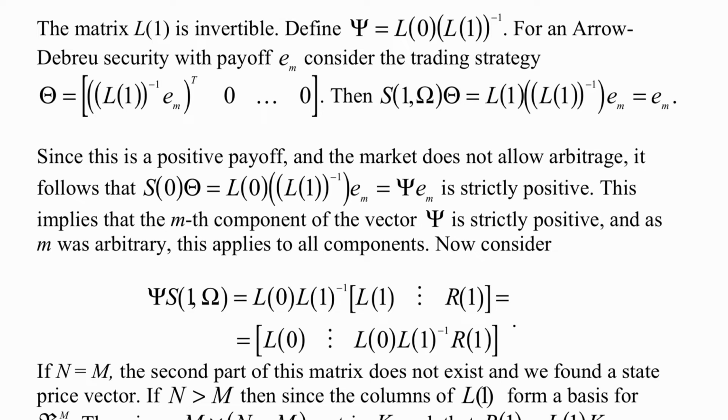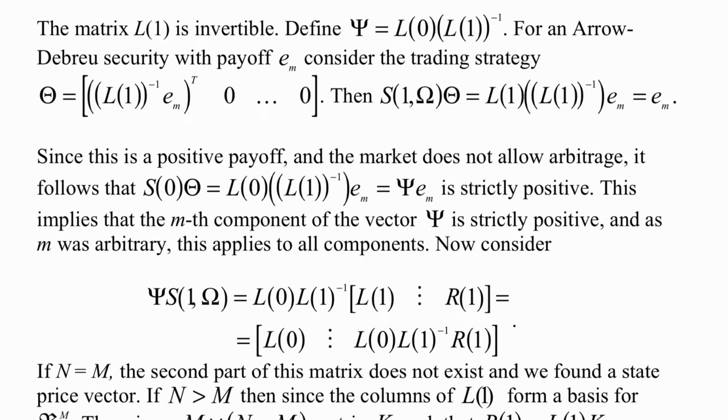Then S1(omega) times theta is L1 times L1 inverse times EM, and that's EM. Since this is a positive payoff and the market does not allow arbitrage, it follows that S0 times theta, which is L0 times L1 inverse times EM, or psi EM, is strictly positive.